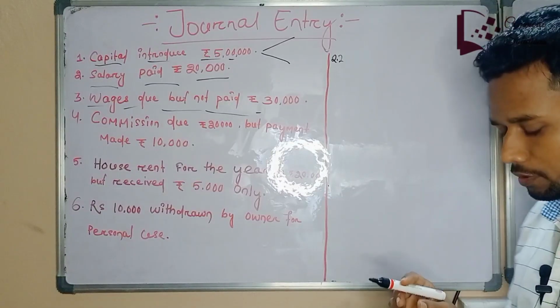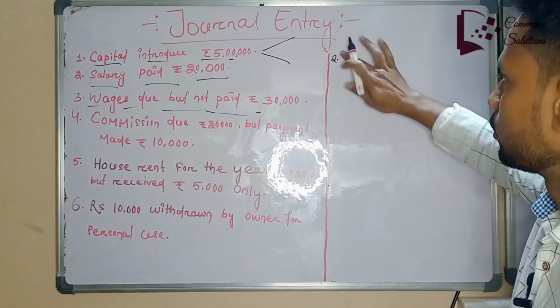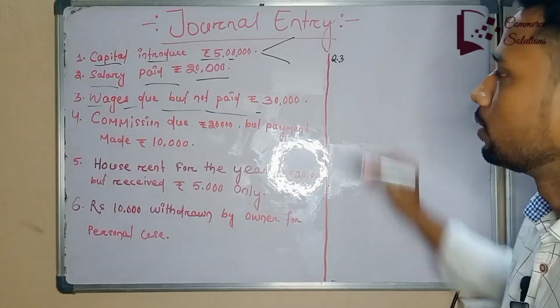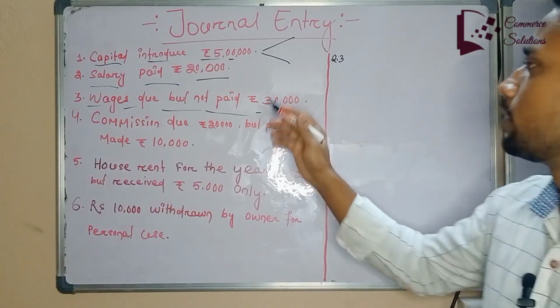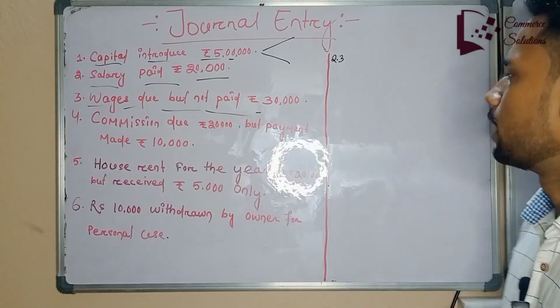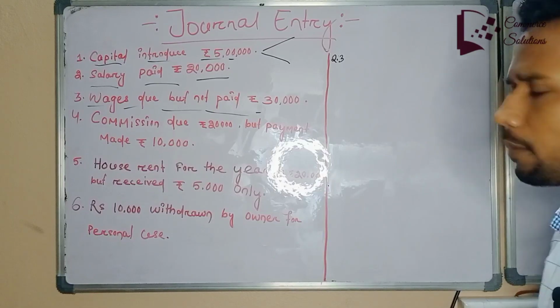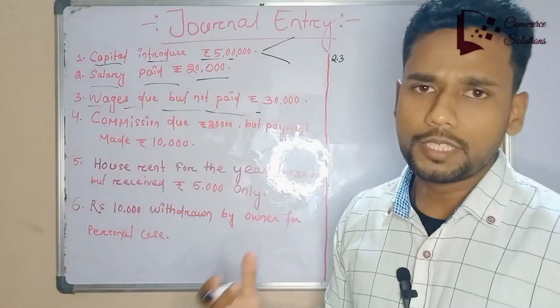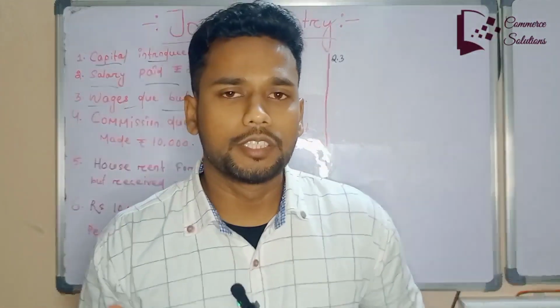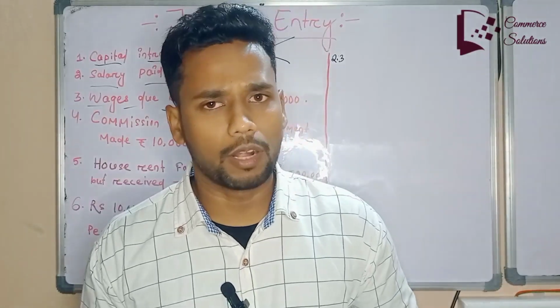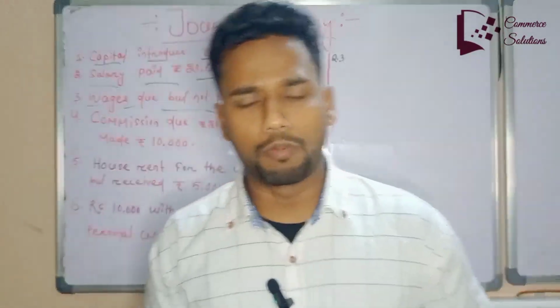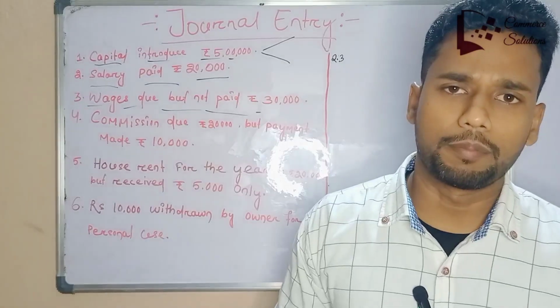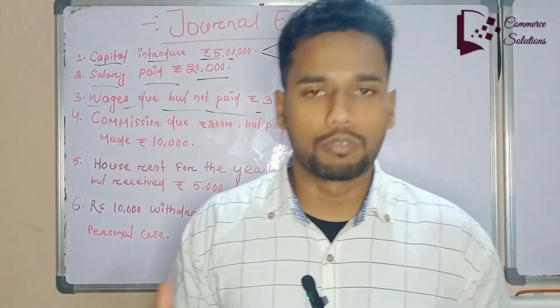The third transaction is wages due but not paid, 30,000. What is wages? A business receives the services of workers, the effort of workers, which we need to run a business and to produce something.